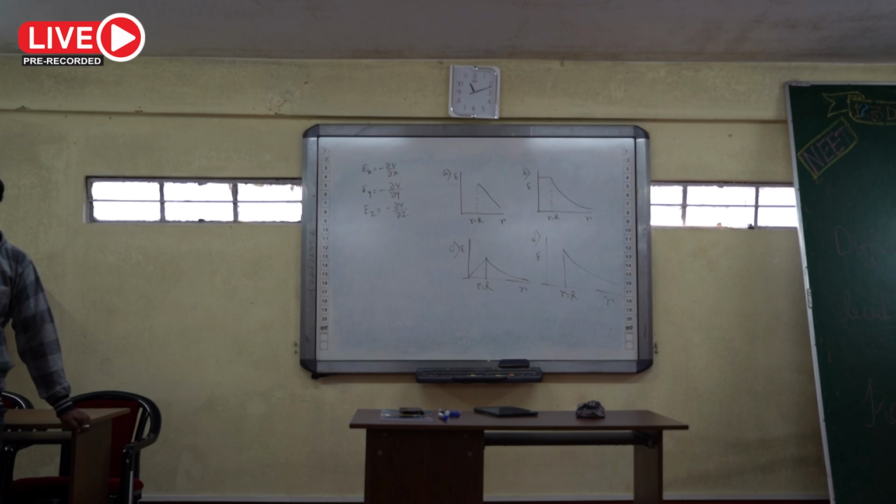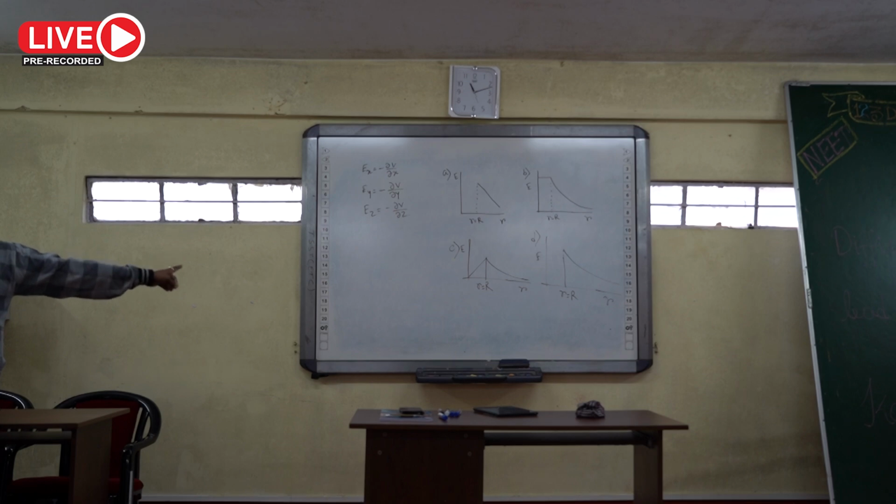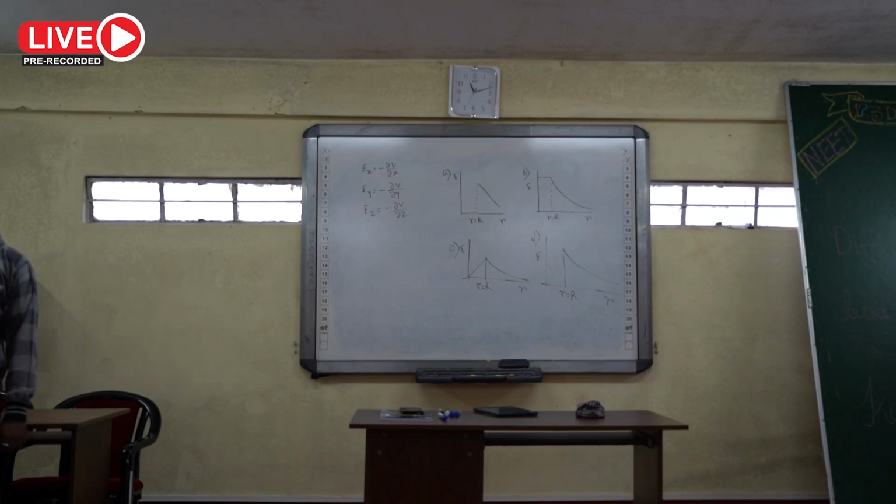Conducting sphere means inside field will be 0 and outside field will vary with 1 by r square. Non-conducting means outside field will vary with inverse square, but inside it varies linearly. So in case of non-conducting sphere, option C is correct. In case of conducting sphere, option D is correct. So here a conducting sphere is given, so D is the correct option.